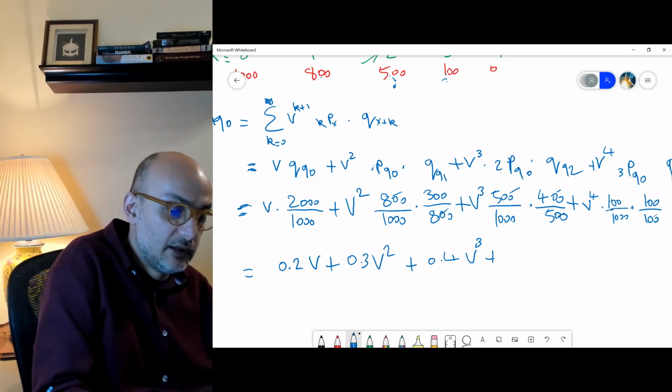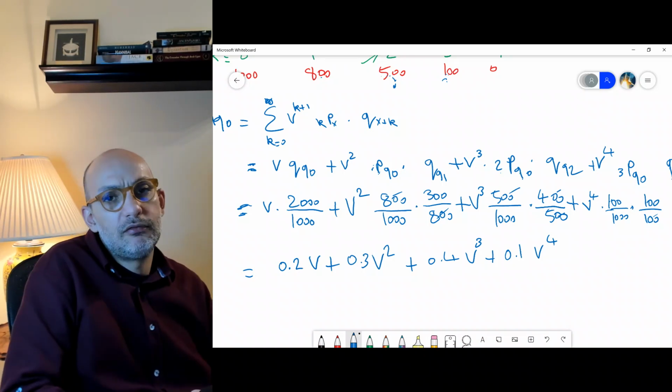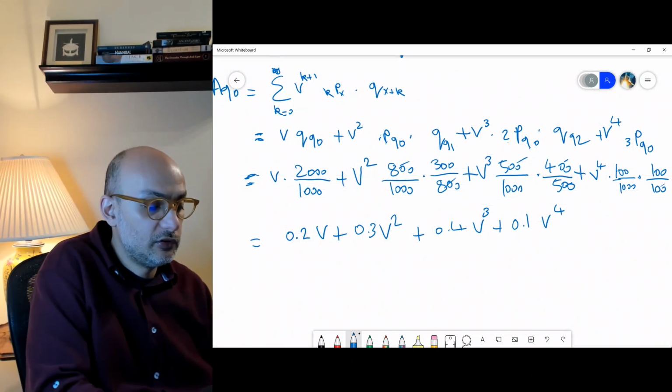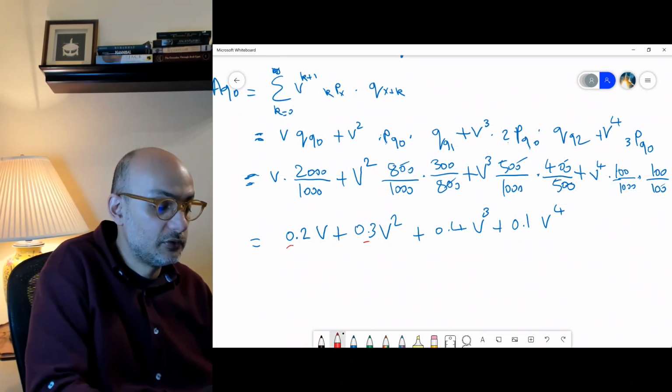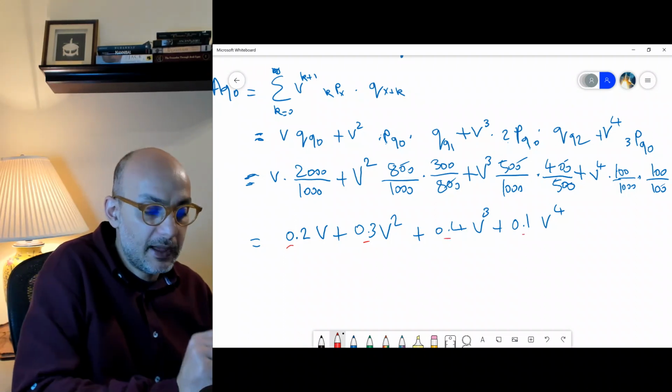Now they cancel out this one with this one. We have 0.1V4. If you have whole life insurance, these terms should add up to 1 for this kind of case. I'll come back to it in a second.